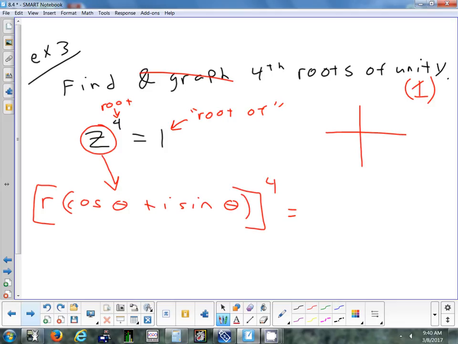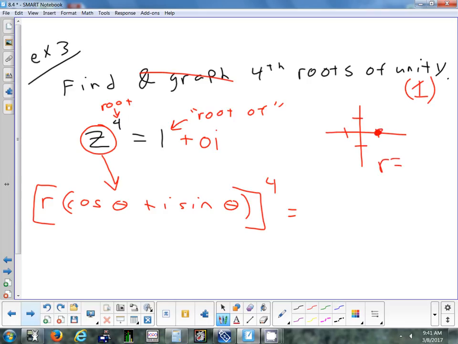I'm on an axis. Think of it like this if you're confused because there's no imaginary part: plus 0i. How do I graph that? What direction do I go? Right. 1 unit. So this one's going to be really easy.